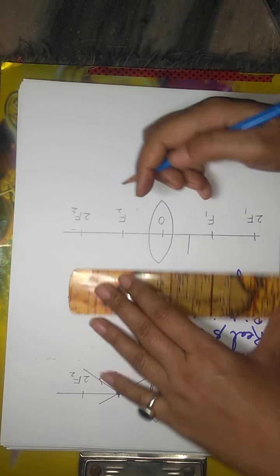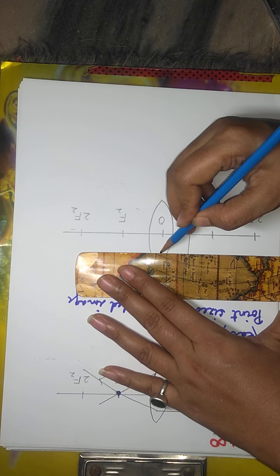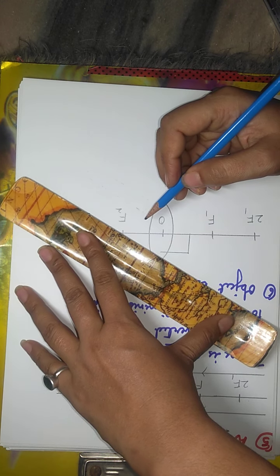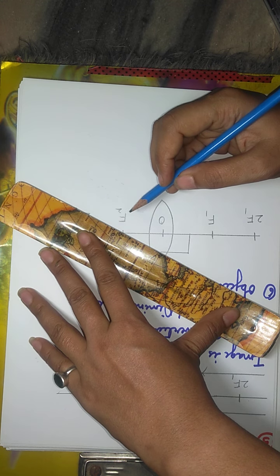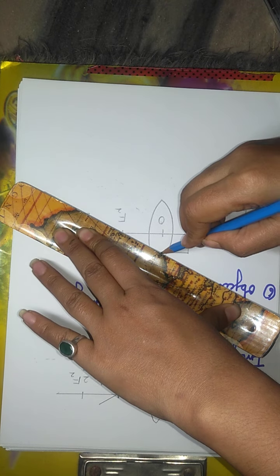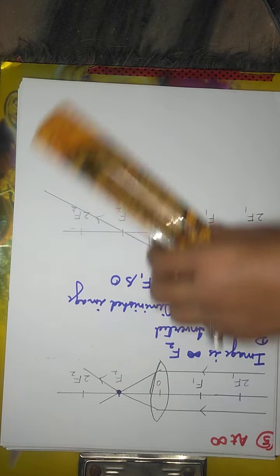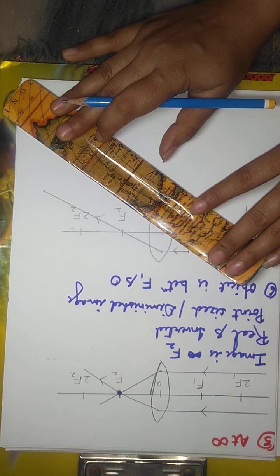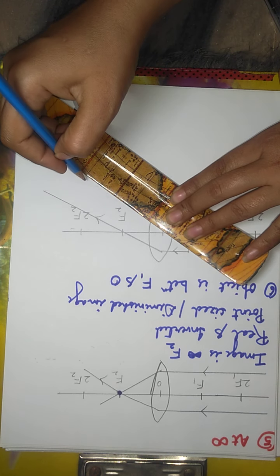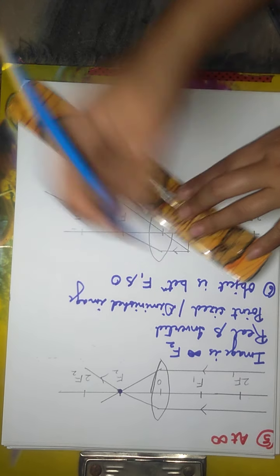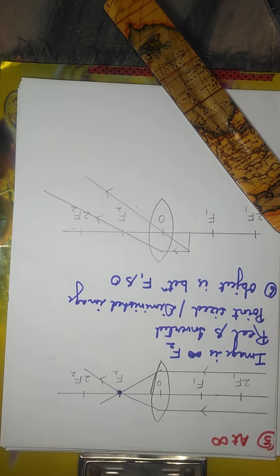Clear? Now the parallel ray will pass through the focus after refraction. Clear? So the parallel ray will pass through the focus, and the second ray will pass through the optical center.